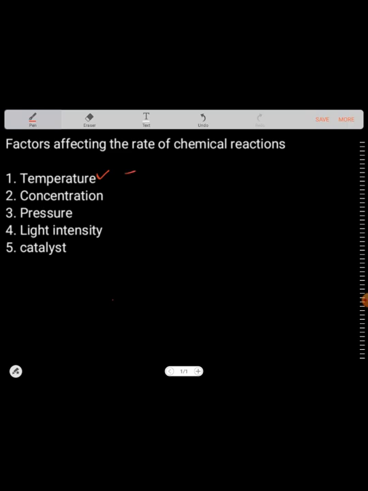At higher temperatures, the rate of chemical reaction is high.